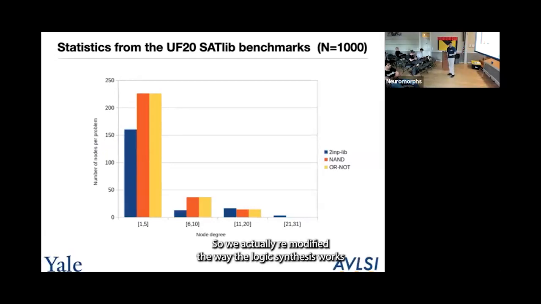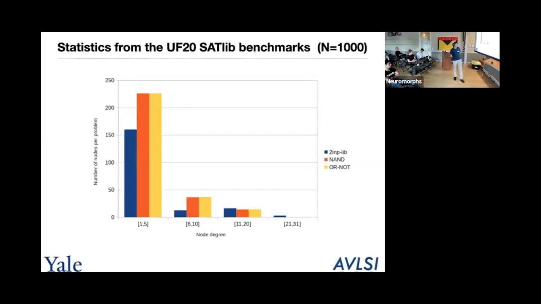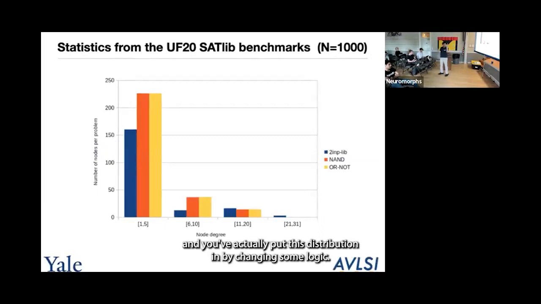We actually modified the way the logic synthesis flow works to cut this down. But most of the problems, if you look at the node degree, it's less than 10. There are a few outliers. And we've actually pulled this distribution in by changing some logic.